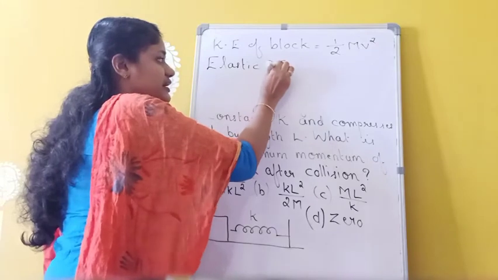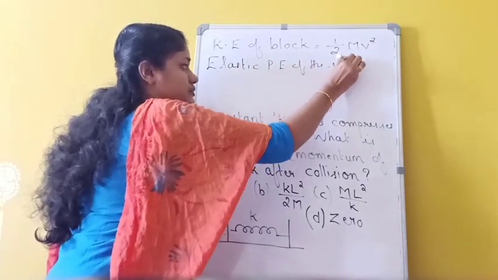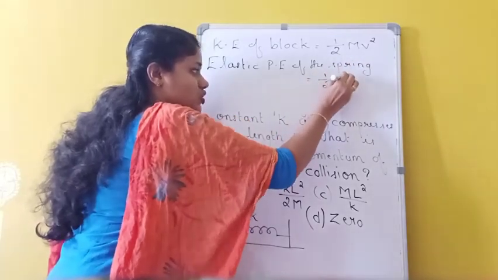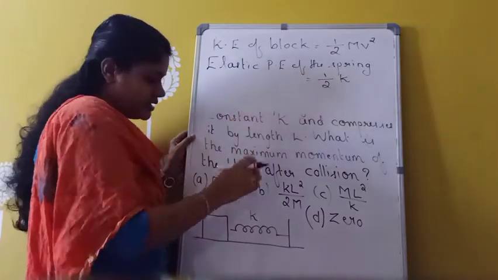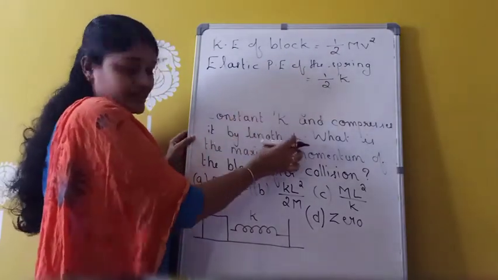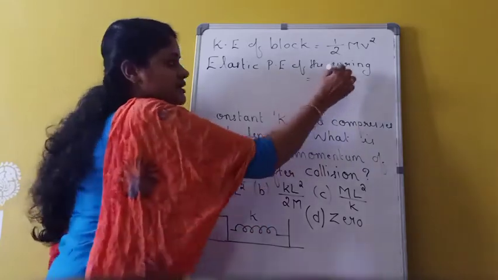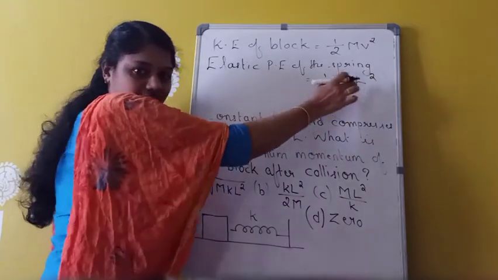What is the formula? Half into spring constant K into extension or compression square. Here it is compression only. The spring is compressed to a length L. That means half K L square. So this is the elastic potential energy of the spring.